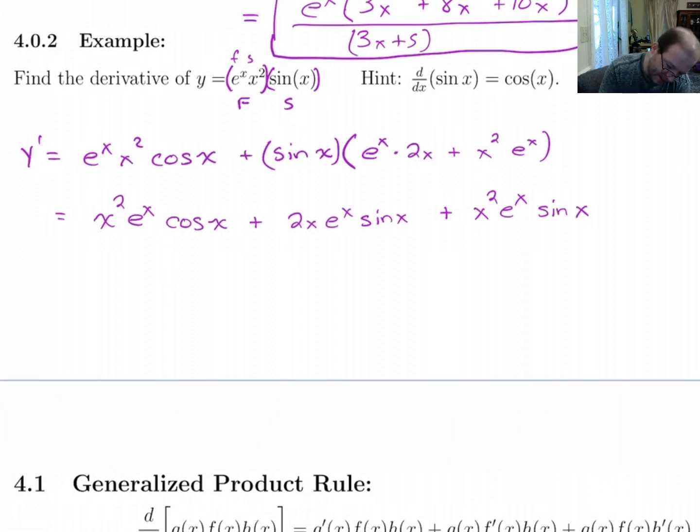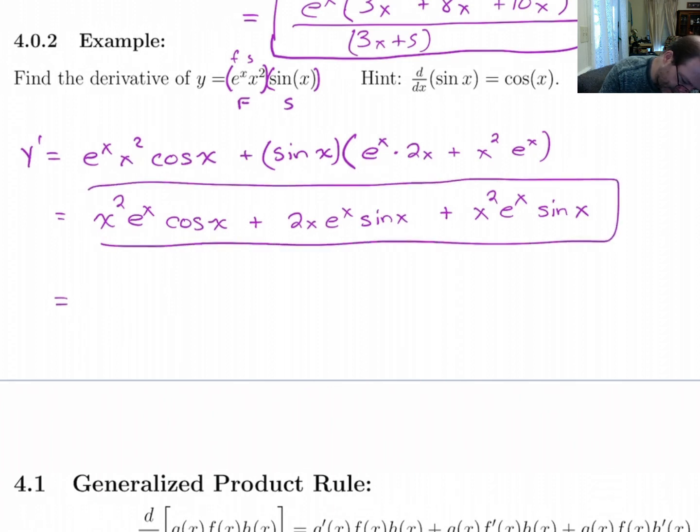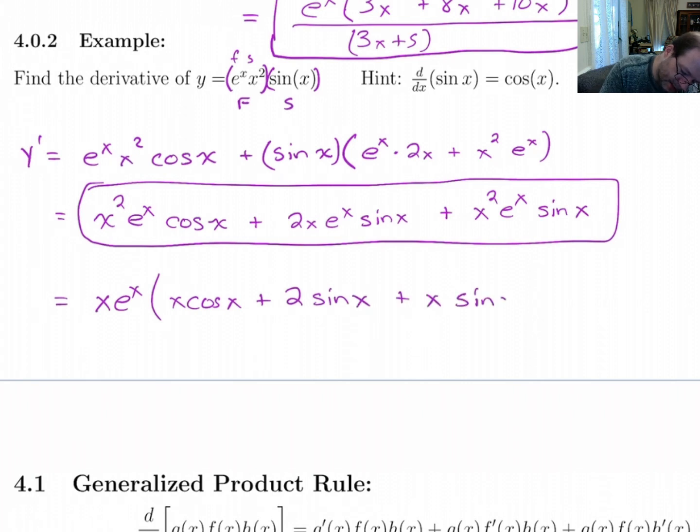And I could factor out the e to the x if I wanted. I guess I could factor out an x as well. I'm not terribly picky about that kind of stuff. If you left your answer like this, that's perfectly fine with me. If we do this, we got x cosine x, 2 sine x, plus x sine x. So either one of these things that's boxed is good.